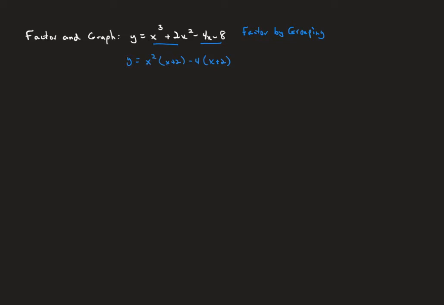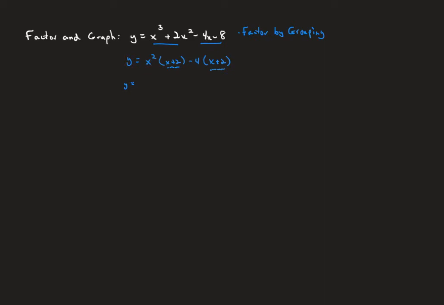At this point in time, you'll know if this factor by grouping is the correct strategy or not. If these x plus 2s, these things in the parentheses, are identical, then we can go forward, and this was a good choice.